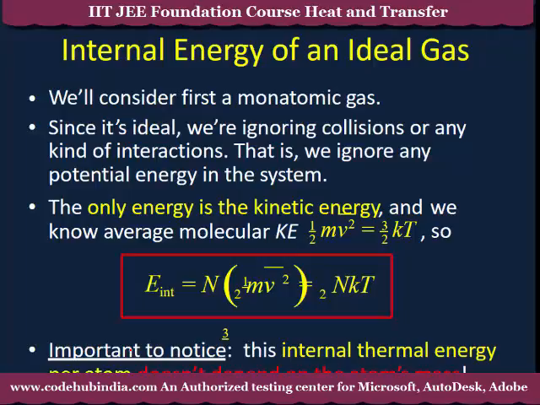So the kinetic energy is half mv square, where v square is the average value, and mv square relates to PV. What was the energy? P1 V1 at the piston.